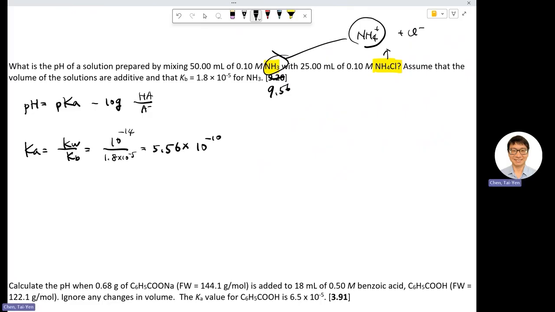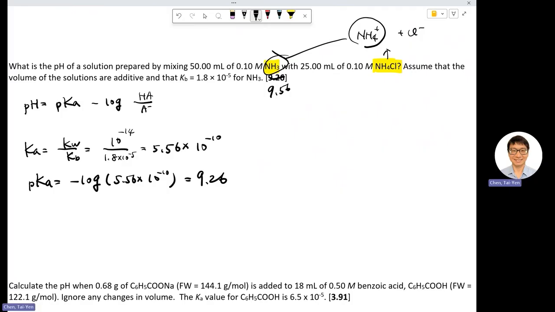So that's your Ka value. Therefore, your pKa equals negative log of 5.56 times 10 to the negative 10. You're going to get a value of 9.26. So the first term you're going to put in is 9.26.